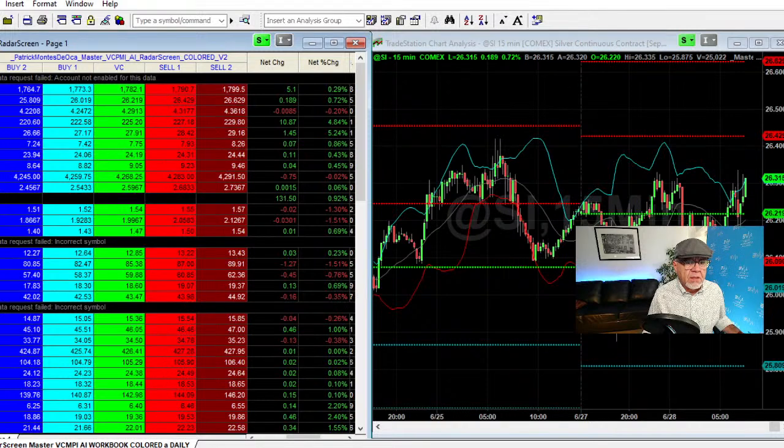And yes, you can execute it if you take it out of the context of the VCPMI. What it identifies for you is when the momentum breaks out. If you're a momentum trader, this is a great tool to use the signals from the average price, and if you want to follow that momentum, you can.